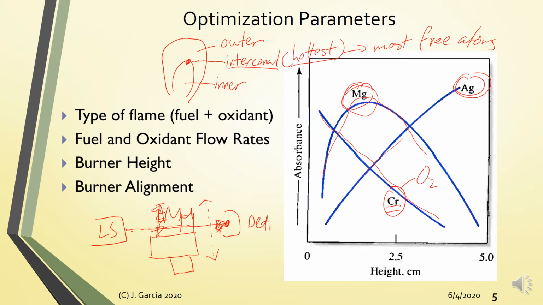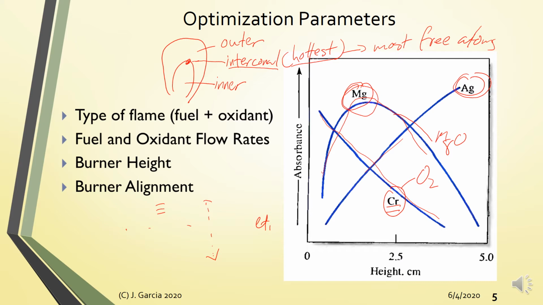But as you go further towards the oxidizing part of the flame, you are now forming the refractory magnesium oxide. Refractory means that it's hard to break down into free atoms. Let's erase this part here.